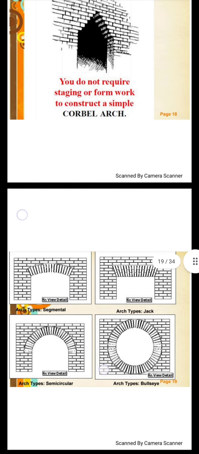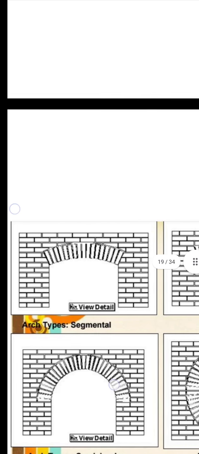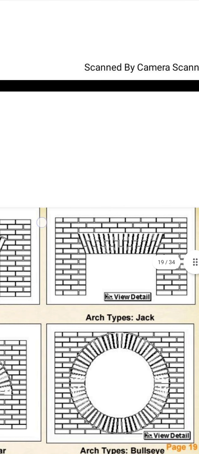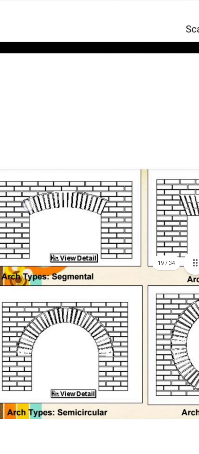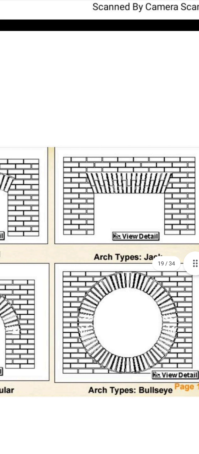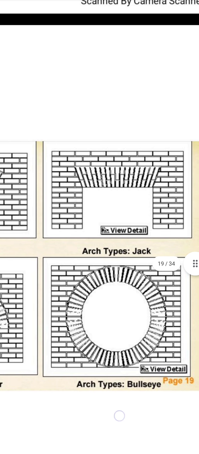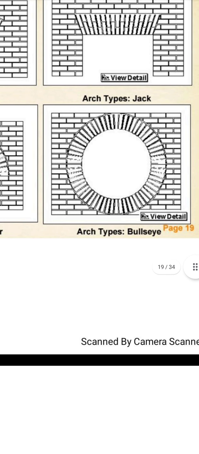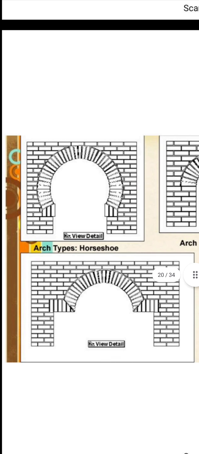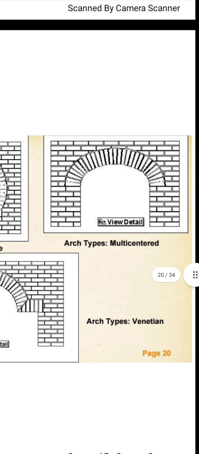Now look at these different types of arcs. This is segmental arc, and this is jack arc. Look at this semicircular arc, and this is bull's eye arc, horseshoe arc, and this is multi-centered arc.